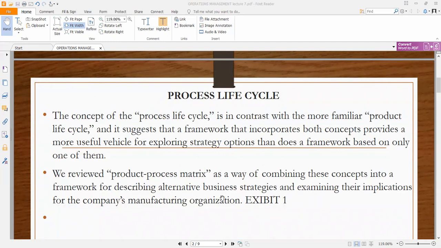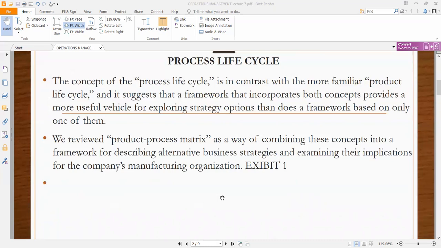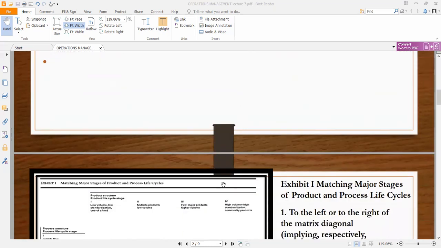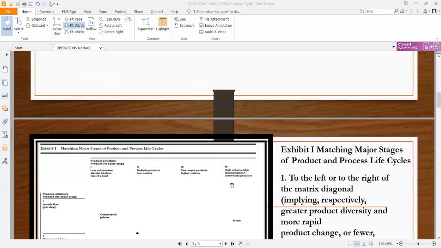now we are looking at Exhibit 1. What is Exhibit 1? Exhibit 1 is one of the matrices that we are looking at. Here we're talking about matching major stages of production and process life cycle.